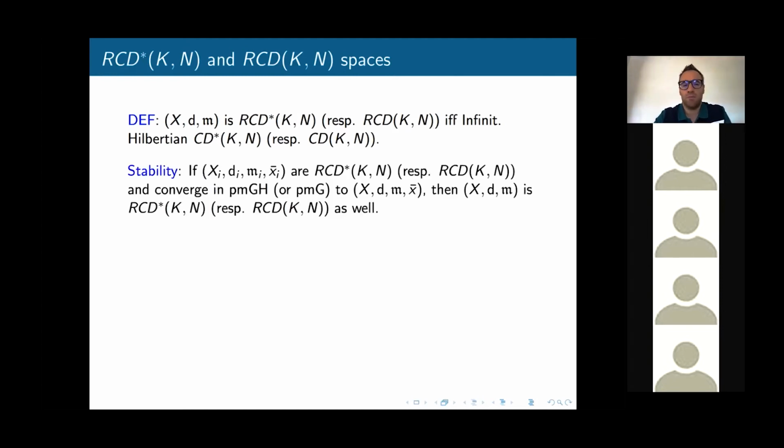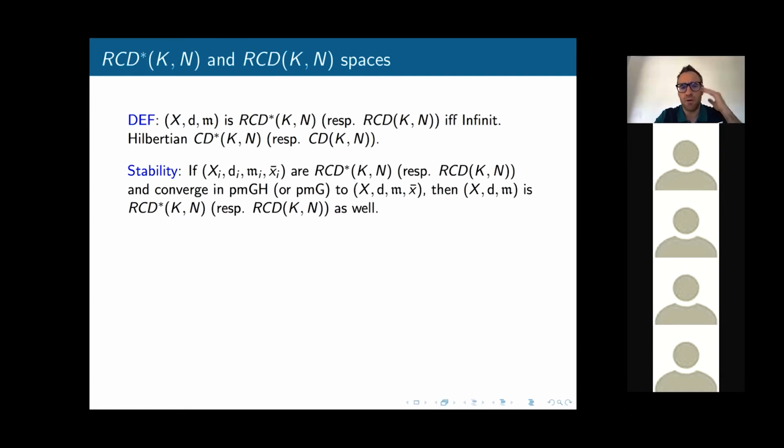A key property, again, is that such a condition is stable under pointed measured Gromov-Hausdorff convergence, and the proof is exactly the same as the one that we discussed for the RCD(K,infinity).